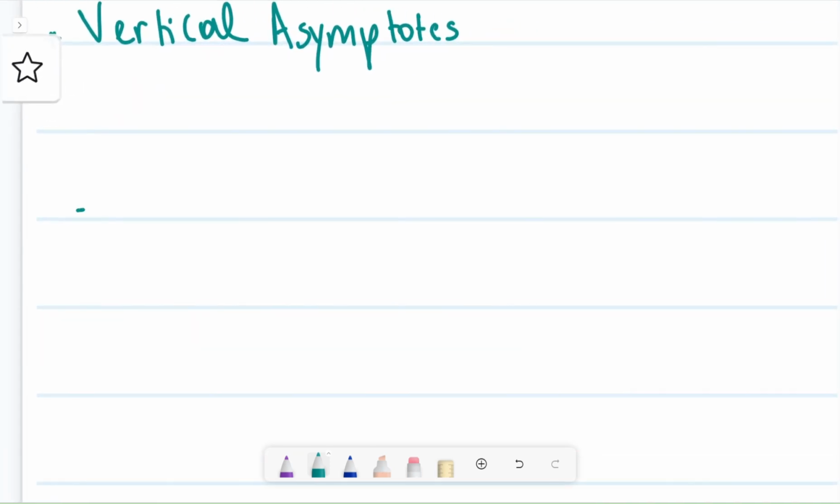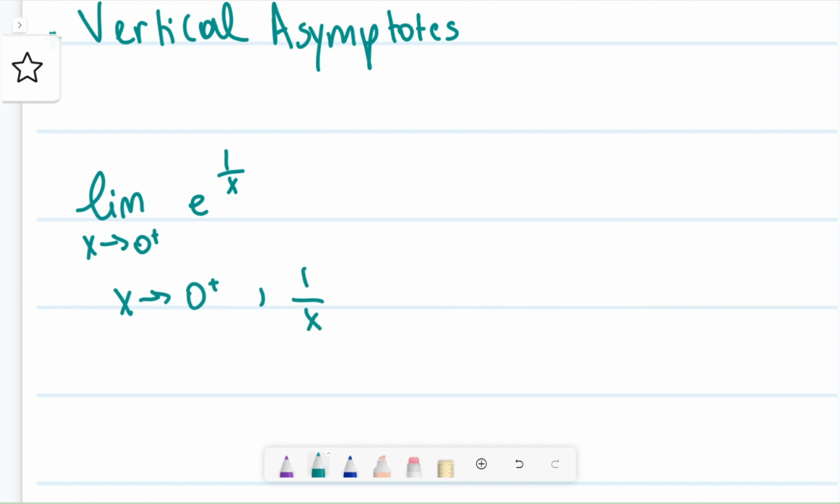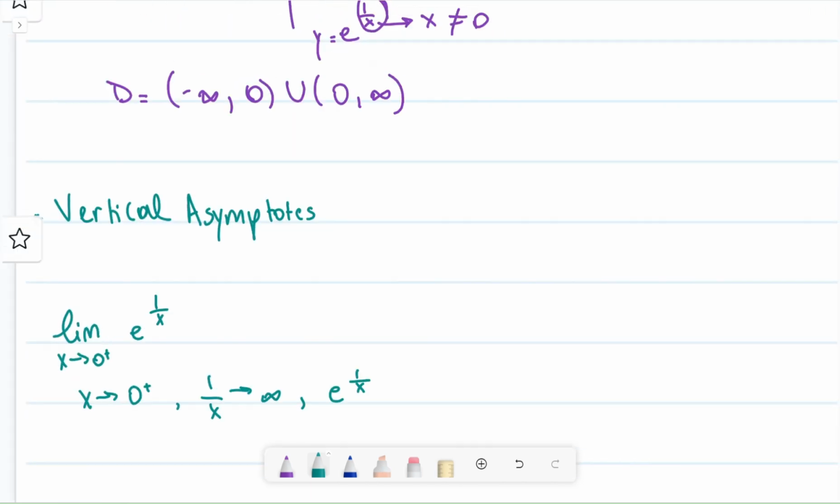So the limit as x approaches 0 from the right. This is a reminder that as we approach 0 from the right, 1 over x approaches infinity, because 1 over 0 from the right approaches infinity. So e to the power of 1 over x approaches e to the power of infinity.